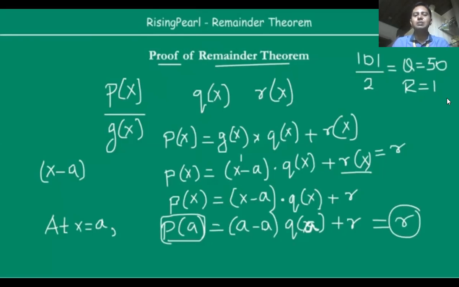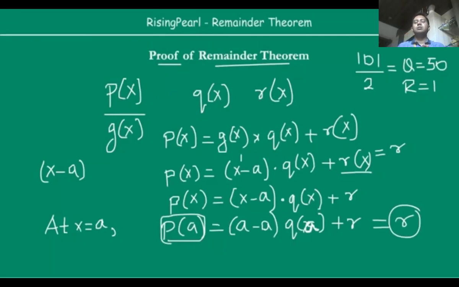If we are dividing by x plus a, the remainder will be P(minus a). If we are dividing it by x minus a, the remainder will be P(a). So this is the proof of the remainder theorem.